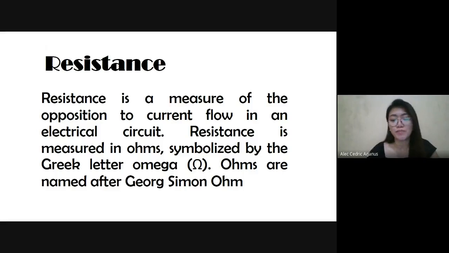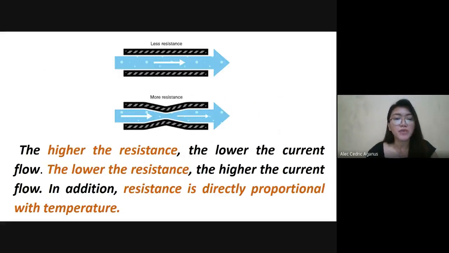Next, we have the relationship of resistance to current and resistance to temperature. The higher the resistance, the lower the current flow. Take note, the higher the resistance, the lower the current flow. Therefore, the relationship between resistance and current is inversely proportional, meaning if one increases, the other will decrease.